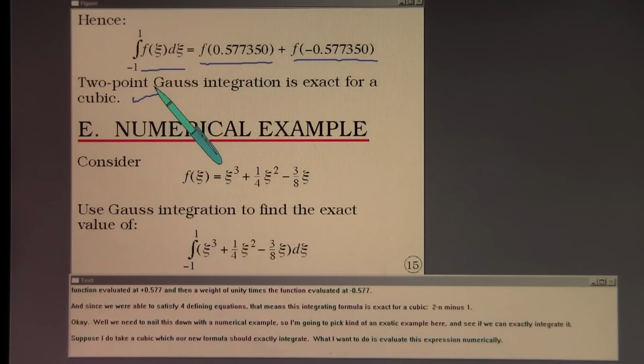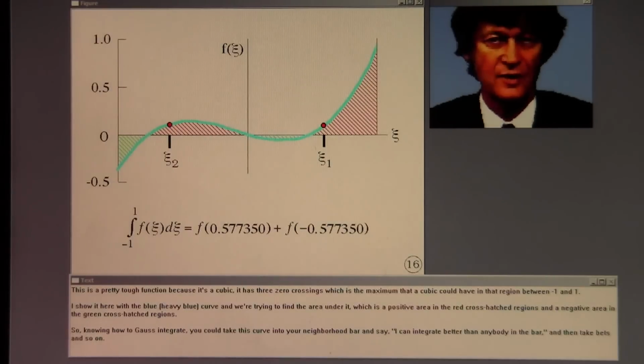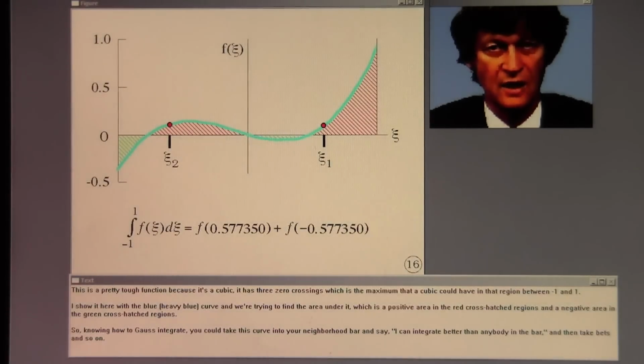Okay, well, we need to nail this down with a numerical example, so I'm going to pick kind of an exotic example here and see if we can exactly integrate it. Suppose I do take a cubic, which our new formula should exactly integrate. What I want to do is evaluate this expression numerically. This is a pretty tough function because it's a cubic.